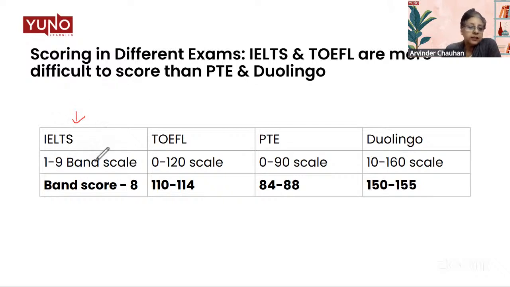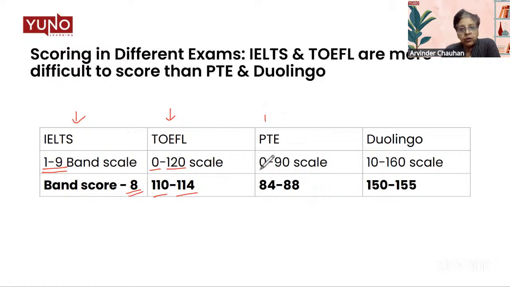IELTS has band scores, and they give you anywhere between 1 to 9 bands, and a good score can be considered a band 8, which is more acceptable. In TOEFL, the scoring is done from 0 to 120, and usually the acceptable score is 110 to 114.